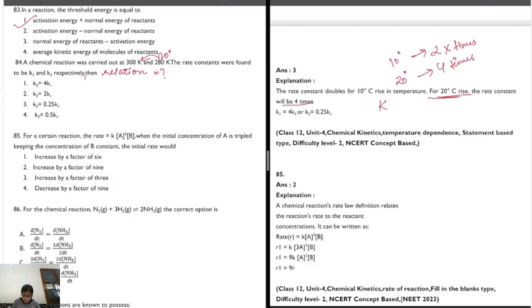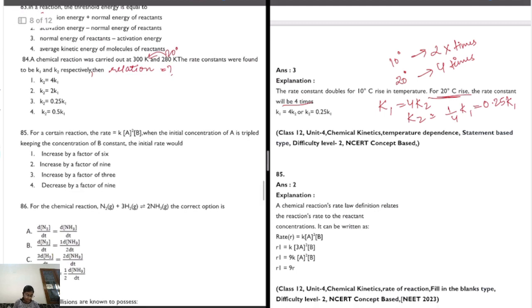That is, our K1 would be 4 times K2, because it is 20 degrees more than K2. Or we can say that K2 equals 1 by 4 of K1, that is, K2 equals 0.25 K1. This would be the correct answer.